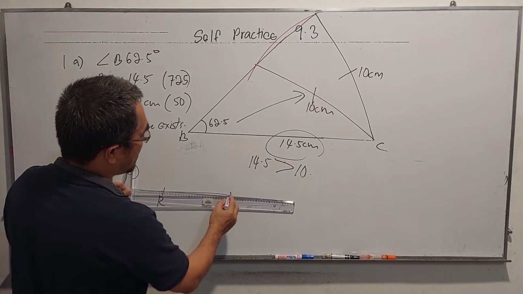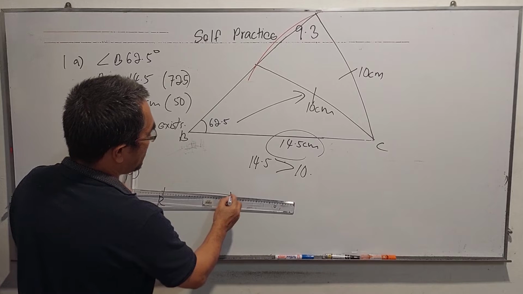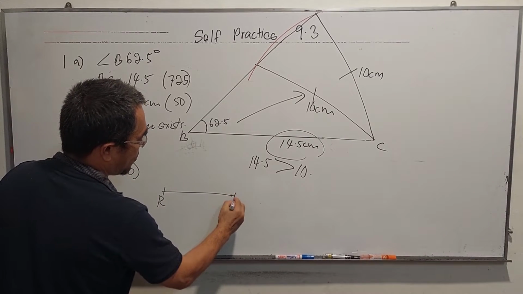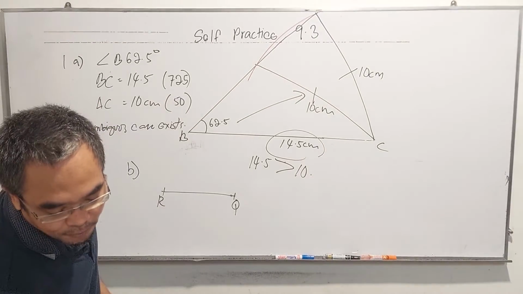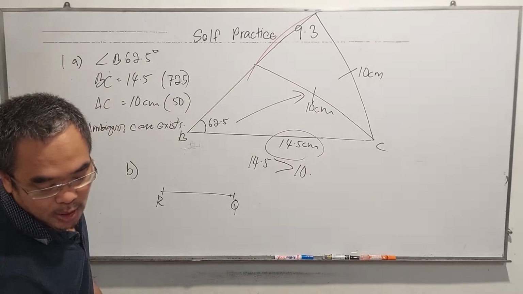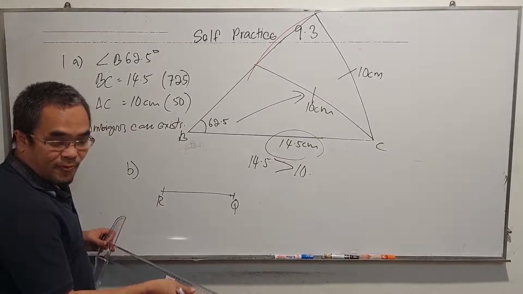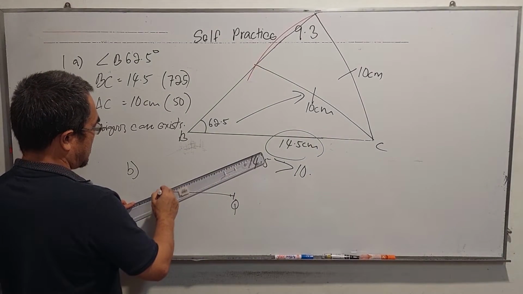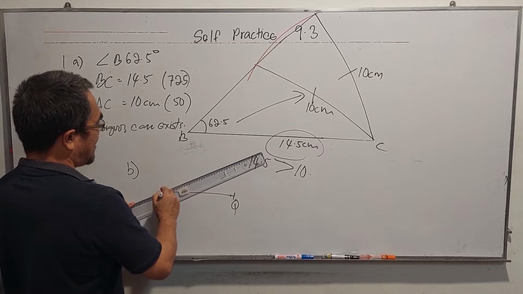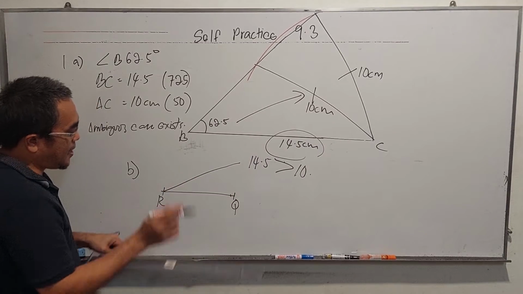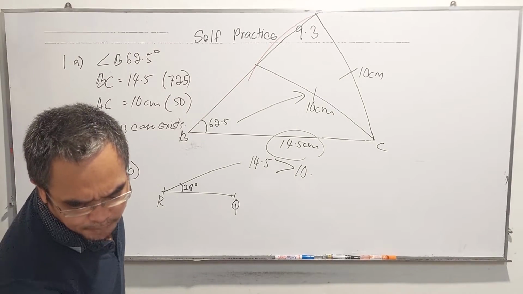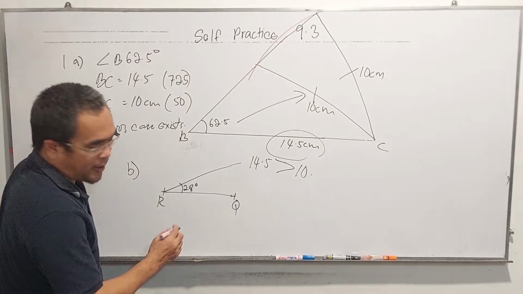I just measure, let's say I times 2, it will be 16, something like that. Okay, this is Q, and the angle of R is 28 degrees. 28 degrees is very small. Just something like this. Okay, and then this is 28 degrees, and PQ is 8.2.